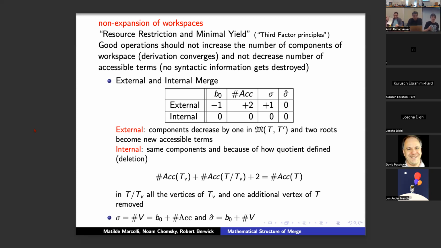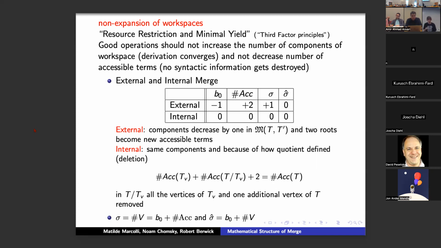So it's something that has to do with checking what happened to the size of the workspace when you do your merge derivations. So these look like two different arguments. And actually, I don't know if I'll get to talk about that. It's in my slides later on, but there is a way to see that they really are not different arguments. You can phrase it so that they turn out to be the same argument.